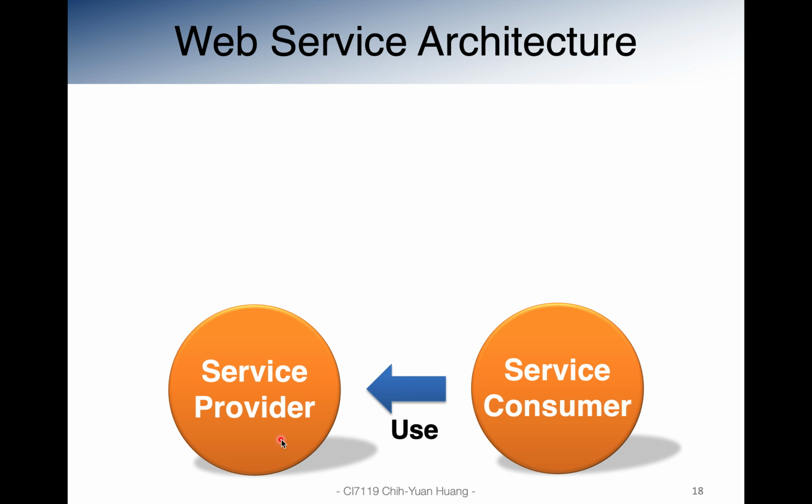However, if the system requires functionality from web services created by other people, the third-party web services, then one of the critical issues for the service consumer or system developer is to find out where those services are.